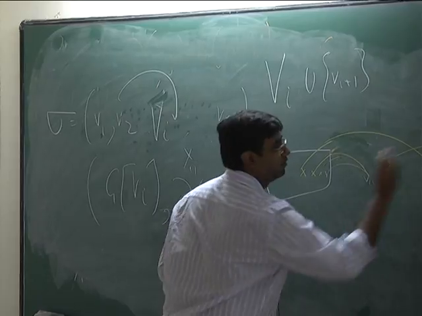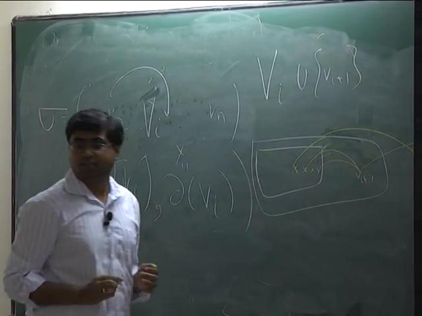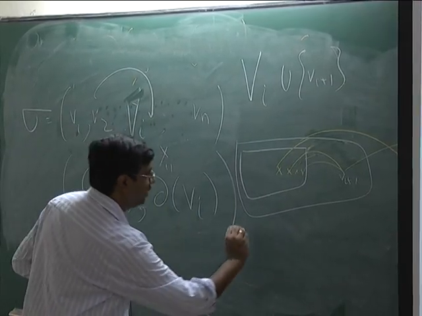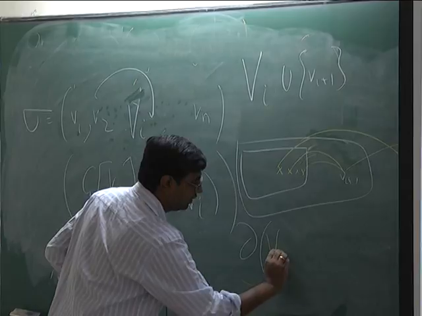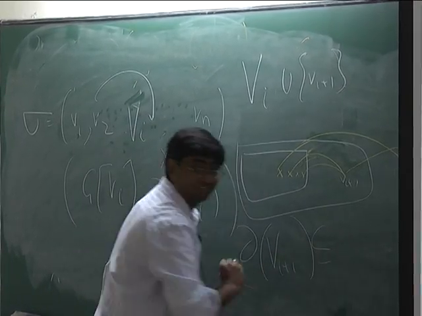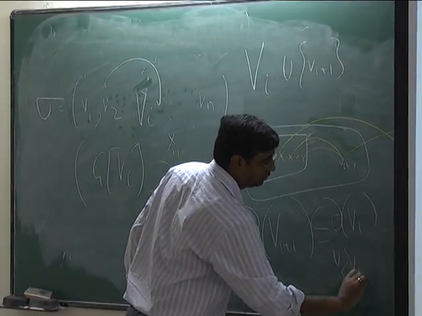It is possible that Vi also sees the world. So when I make the next, look at the boundary. I claim that, if you agree to this, delta of Vi plus 1 is contained inside delta of Vi union Vi plus 1.